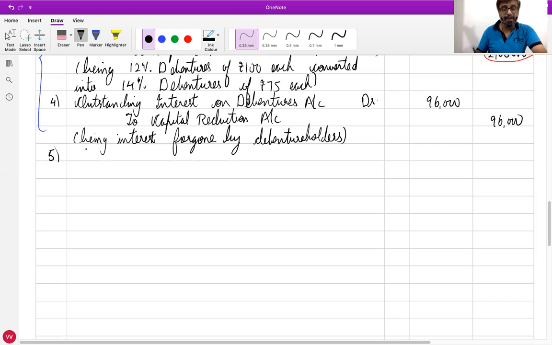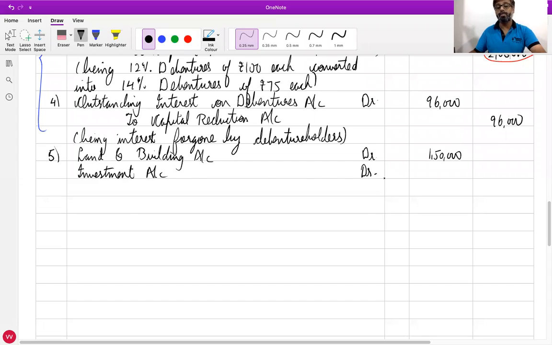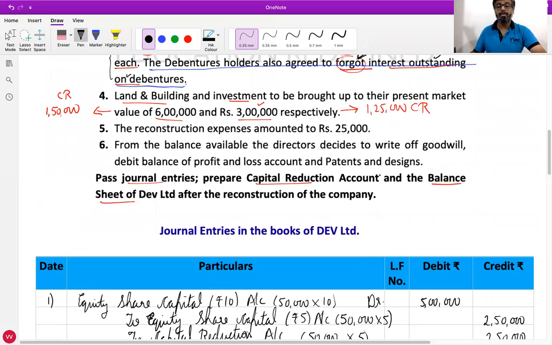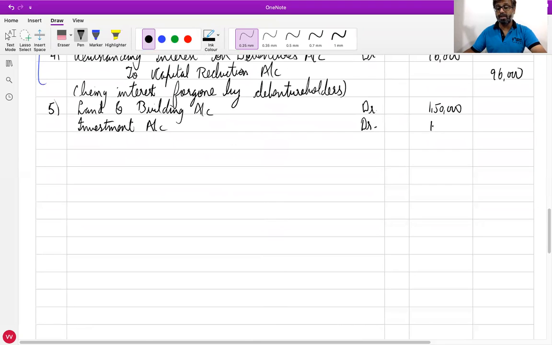So what will be the entry? Land and building account debit, what amount? 1,50,000. Then investment account debit, what amount? 1,25,000, investments profit.